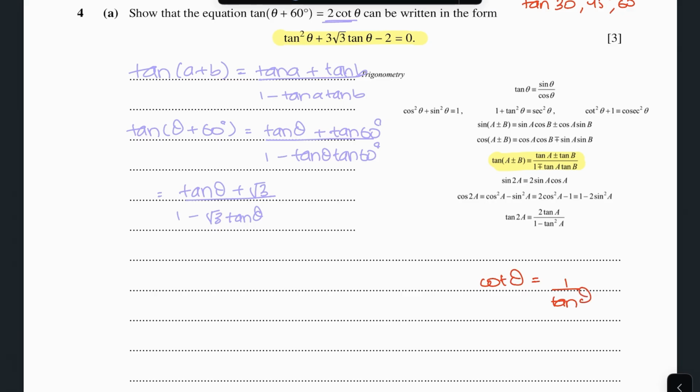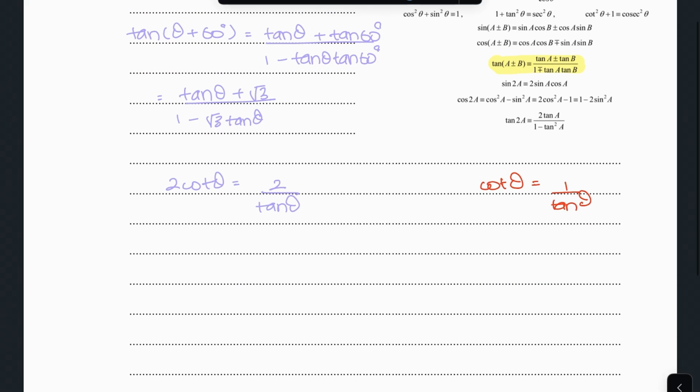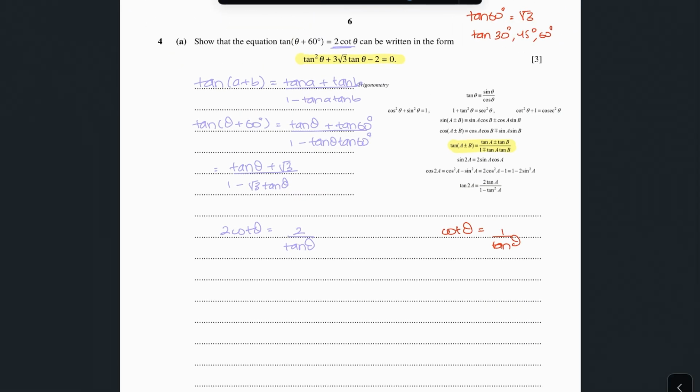So let's use this information and plug it into our equation. 2 cot theta would be 2 over tan theta. Now if we write this down again, we will have the left hand side as (tan theta + root 3) over (1 minus root 3 tan theta), and the right side would be 2 over tan theta.